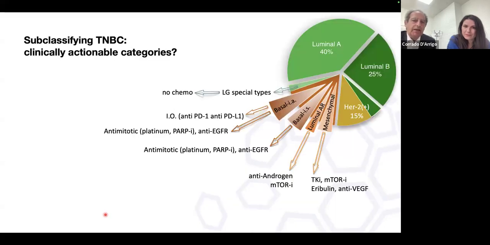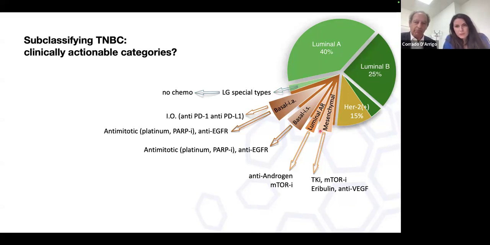Okay, and this is my little scheme of why we could think about subclassifying triple negative, because there are actionable categories. Of course, you know that there are rare, low-grade special types, like acinic, all these types of things. They are triple negative, but these are not what the oncologists understand as triple negative breast cancer.